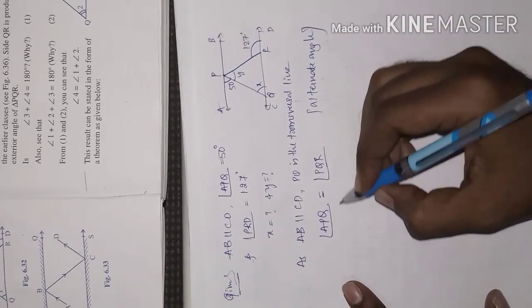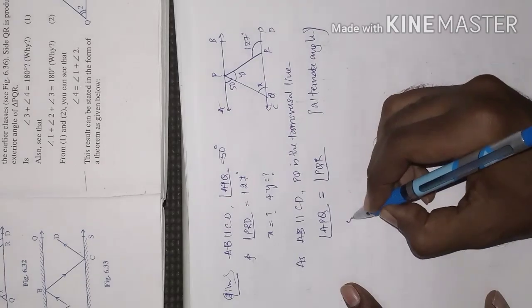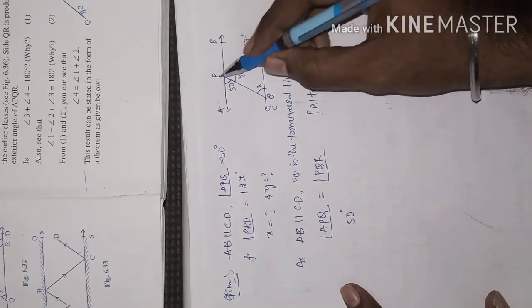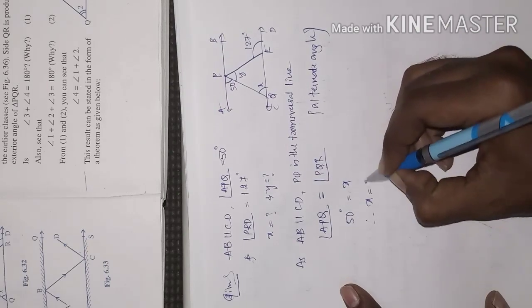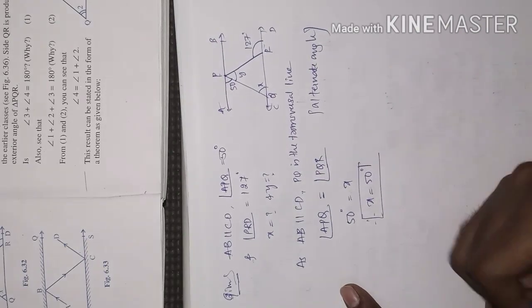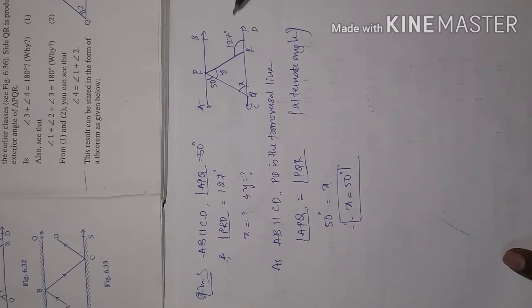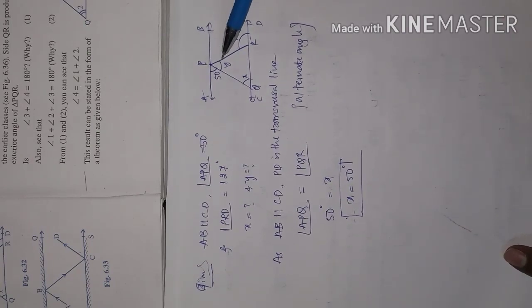Angle APQ is 50 degrees, so angle PQR, which is X, is 50 degrees. So the value of X is 50 degrees. Let us find the next one, that is Y.